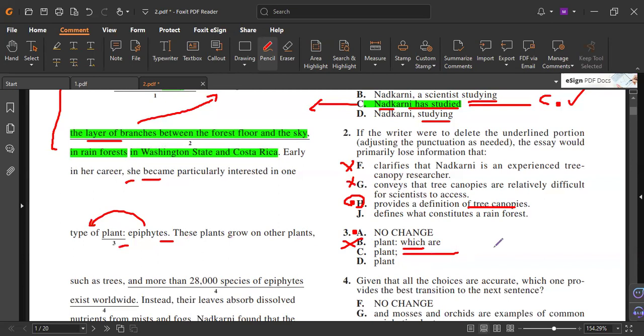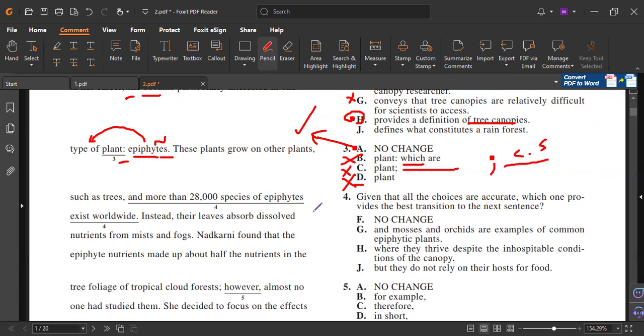Again, after a colon, it must be a complete sentence, as we agreed. Okay, but this is one word, and it's a noun only, so it's a fragment. So C is wrong. Letter D, it's not better to keep it without punctuation, because what is the relationship between this word and the sentence? So this means we need to use a dash or colon to show the relationship between this part and the sentence. So here A is the best punctuation.